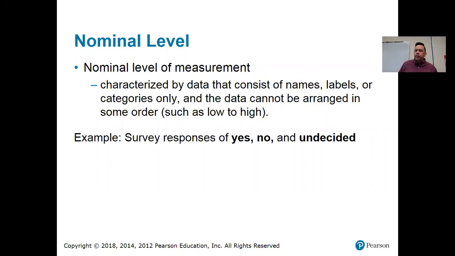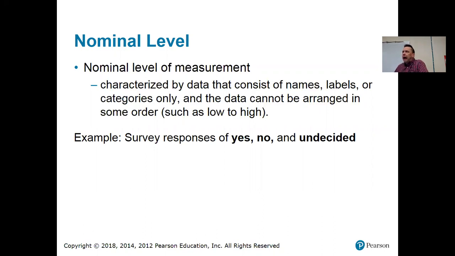Okay. Survey responses of yes, no, and undecided are a great example of nominal level of measurement. Another one, let's say that I'm collecting a bunch of data on Merced College students, and one of the questions I ask is, what is your major? Your major would be a nominal variable.